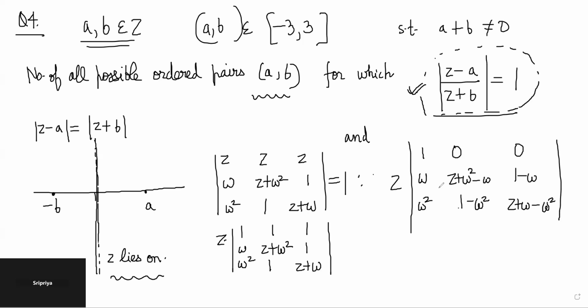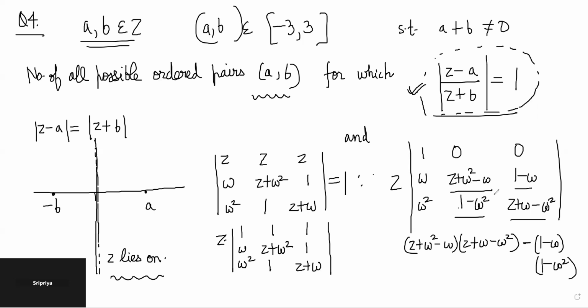And then evaluating it is just calculating this thing, right? So we can see here this is z plus w square minus w multiplied by z plus w minus w square, minus 1 minus w into 1 minus w square, right? So let's calculate that.